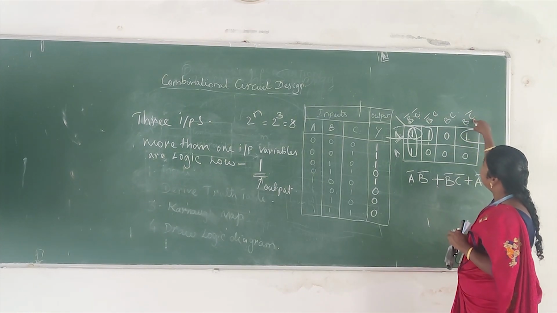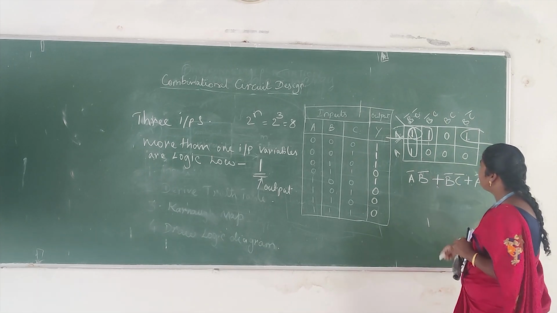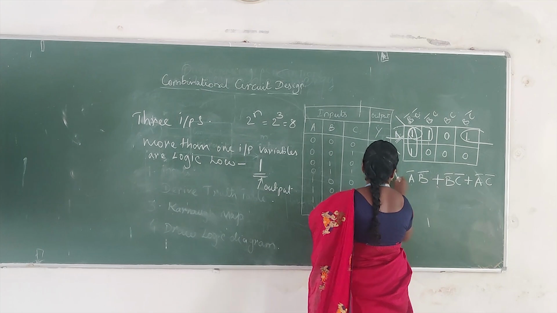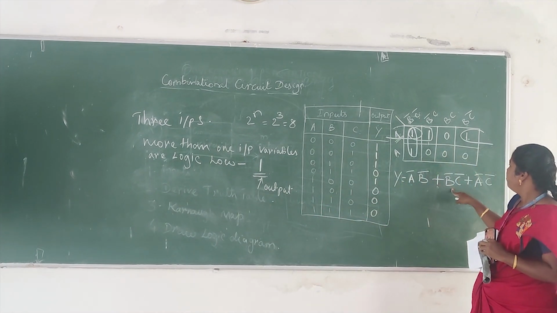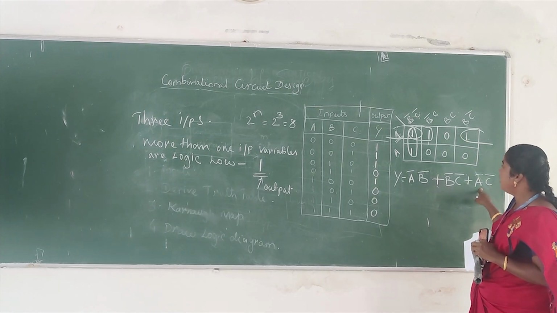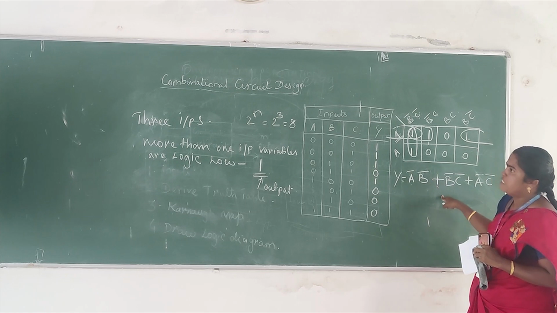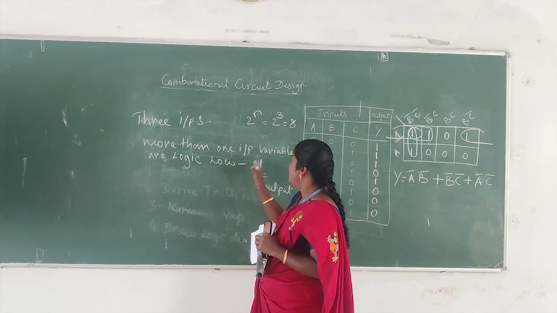C bar is common to both, so take C bar. So the simplified expression is y equal to A bar B bar plus B bar C bar plus A bar C bar. This is the simplified expression to produce the given condition output.